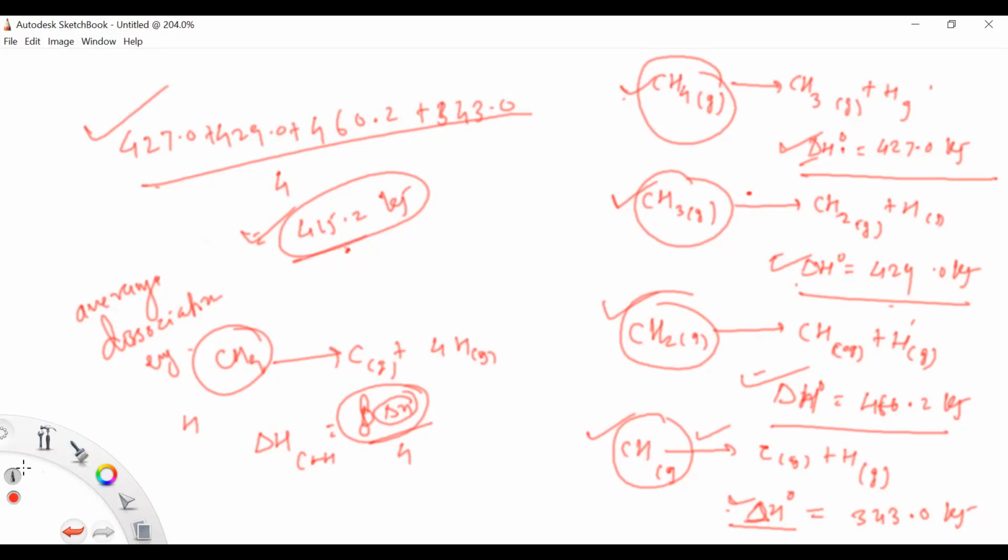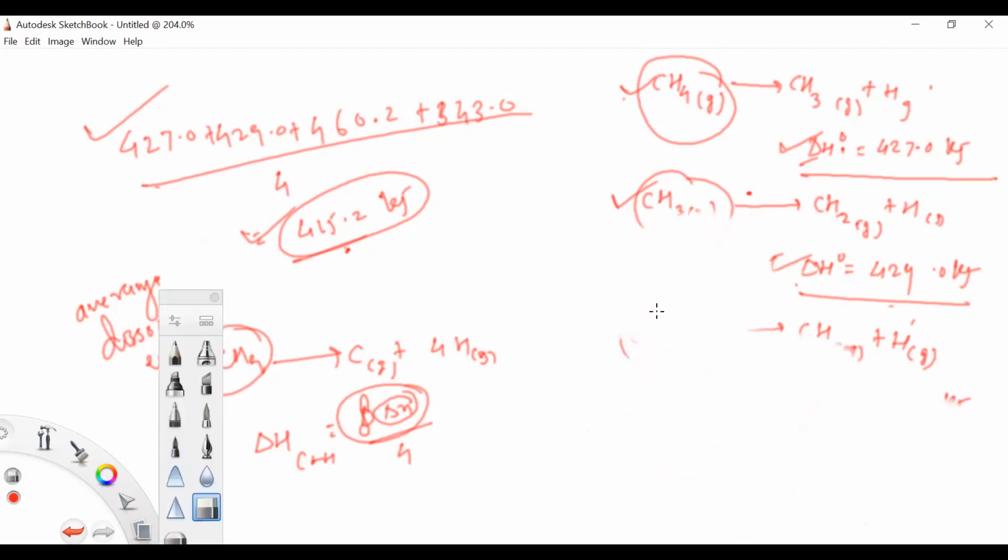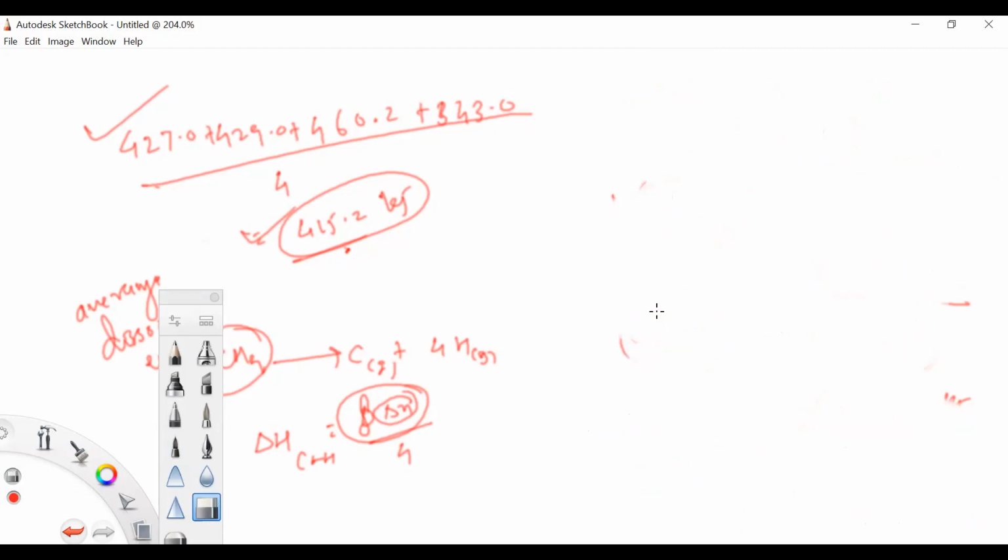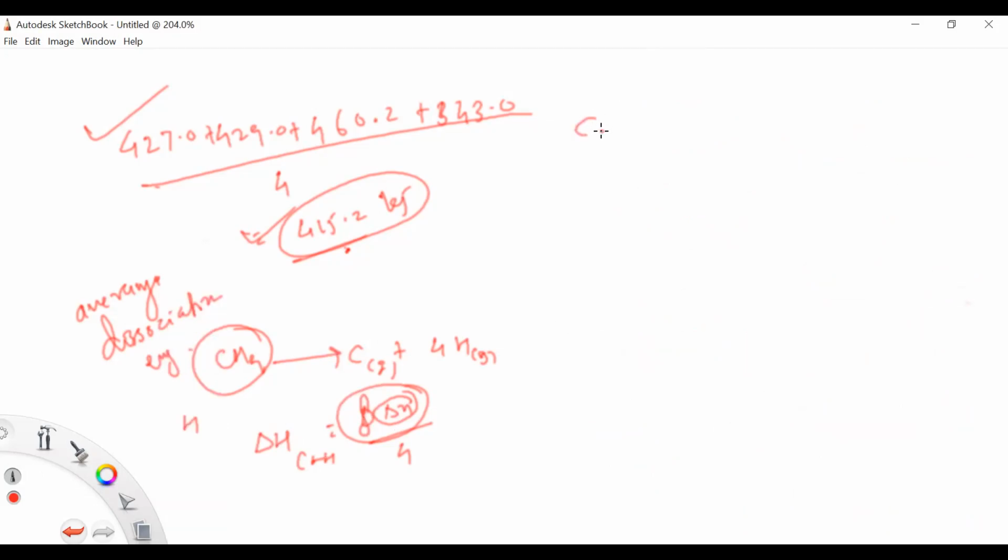आता याच्या अगदी उलट आपल्याला हे बॉन्ड डिसोसिएशन आपण बघितलं. बॉन्ड फॉर्मेशन्स एनर्जी सुद्धा वेगळी असू शकते किंवा ती सुद्धा एक एनर्जी आपल्याला फाइंड आउट करता येते. फॉर एक्झाम्पल, आता कार्बन, this carbon graphite reacts with the hydrogen molecules, that is the hydrogen gases, and it forms CH4.